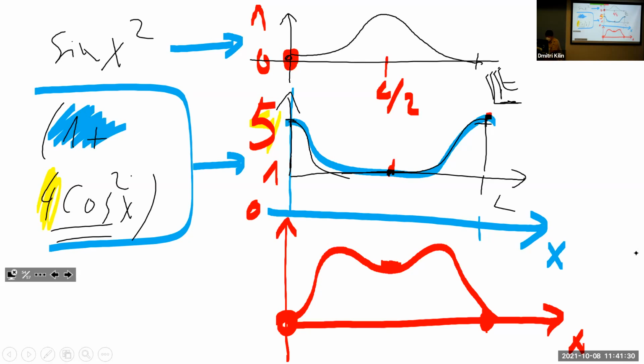So when cosine intersects 0, but then we take square of it, and then it becomes positive, and then we shift it by +1, and it will be minimum in the center, maximum on the edges, and when we multiply it with sine square, it will generate these two peaks.